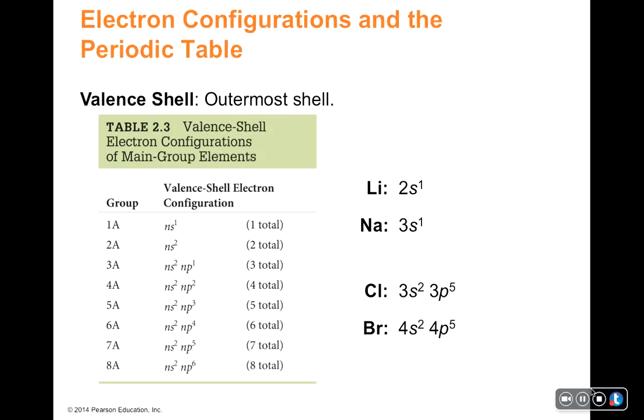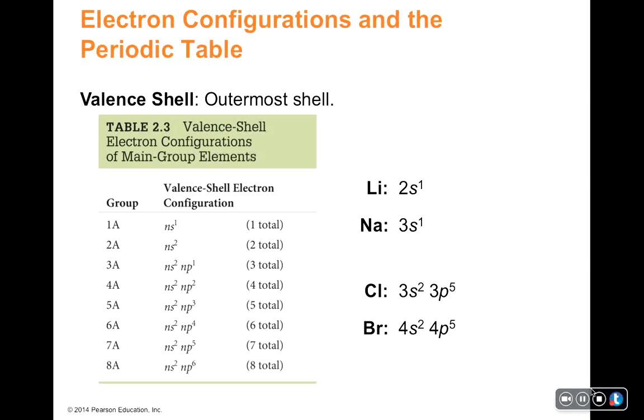So lithium has 2s1, so it has 1 electron in 2s. 2s is its outermost shell, its valence shell. It's in group 1A, and so it has that 1 valence electron. We look at sodium. Sodium is in group 1A. It has 1 valence electron. Chlorine.